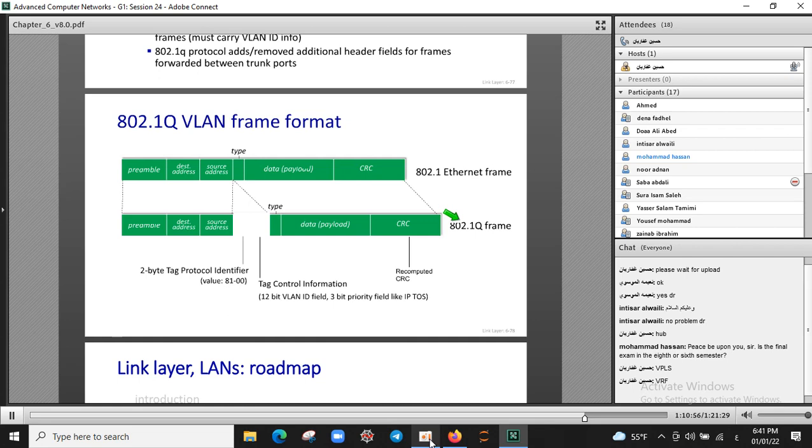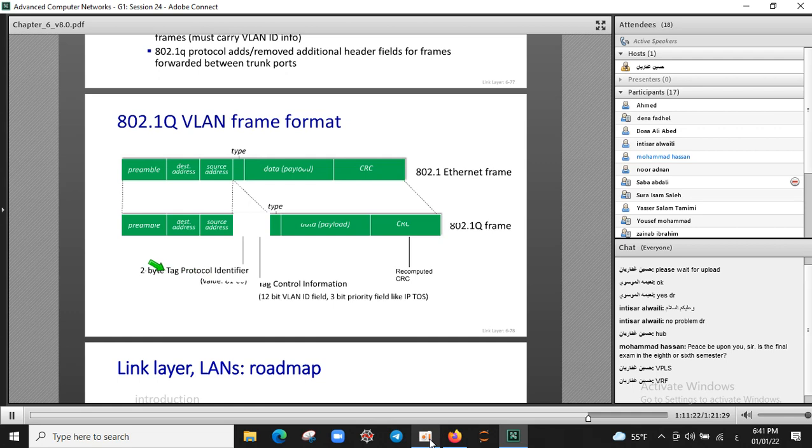But when we talk about the 802.1Q frame, look at this one here. We have the standard frame of Ethernet plus here a 2-byte tag protocol identifier and some tag control information.